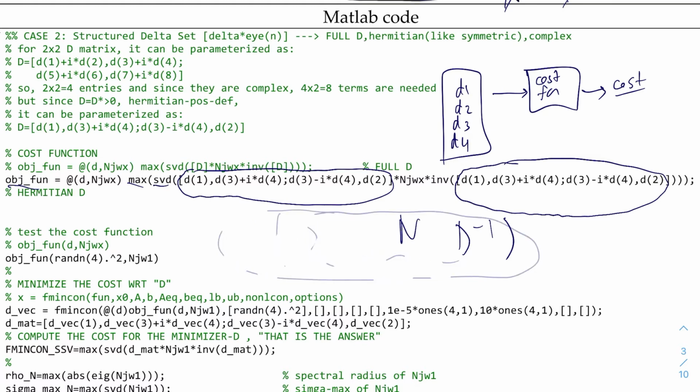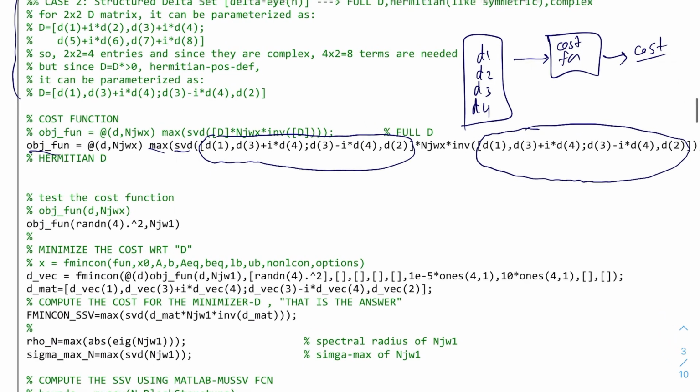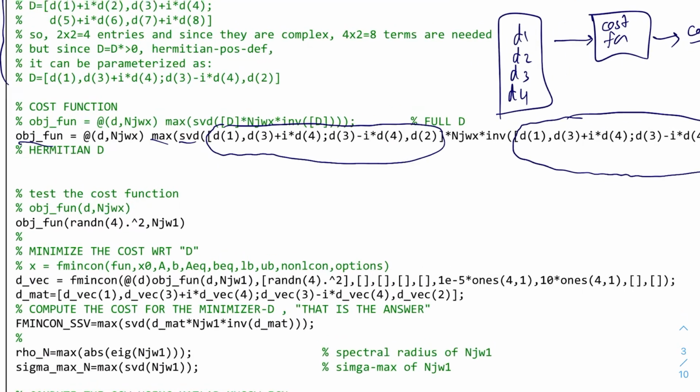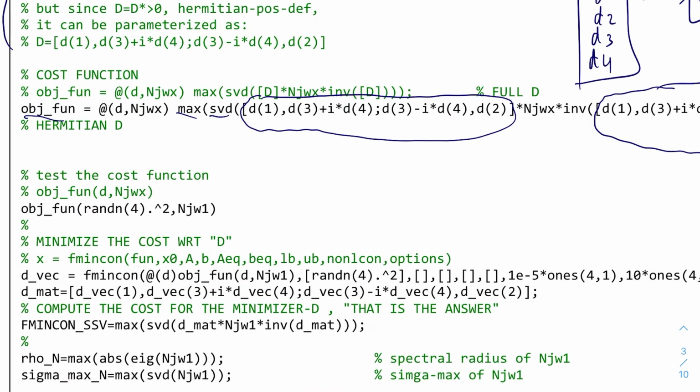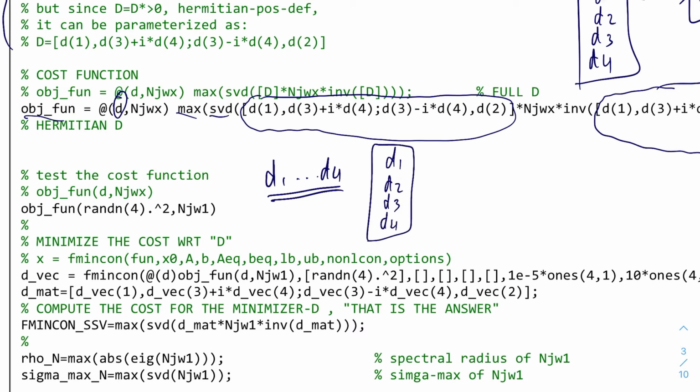So let's continue. We get the idea now. Since we have D1 dot dot dot D4, D is a vector D1, D2, D3, D4, and they are positive real numbers, and that's why I squared it.